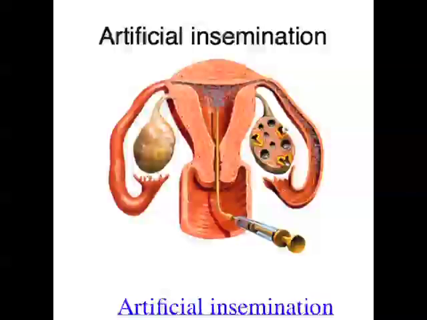What happens is a female with the particular characteristics that the breeder is keen on reproducing is given a hormone, follicle stimulating hormone, so that she ovulates heaps, so produces heaps and heaps of eggs.